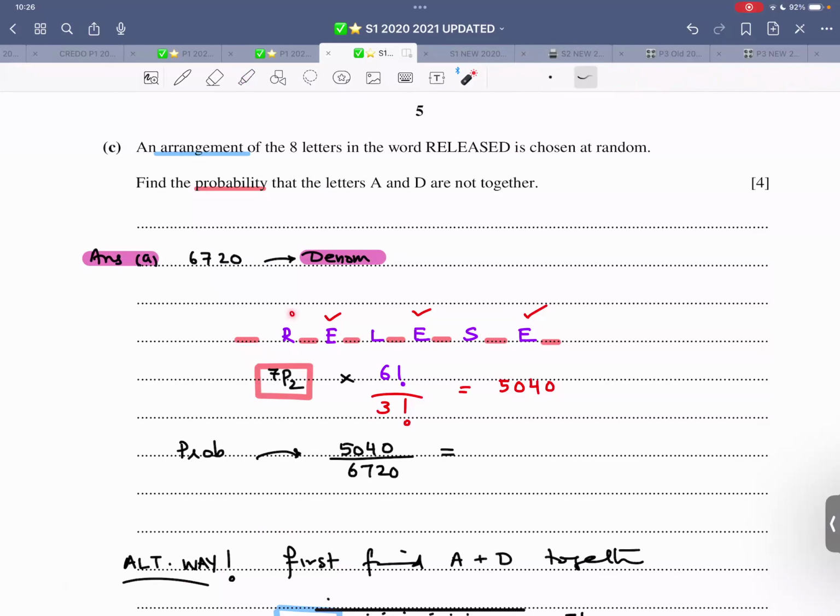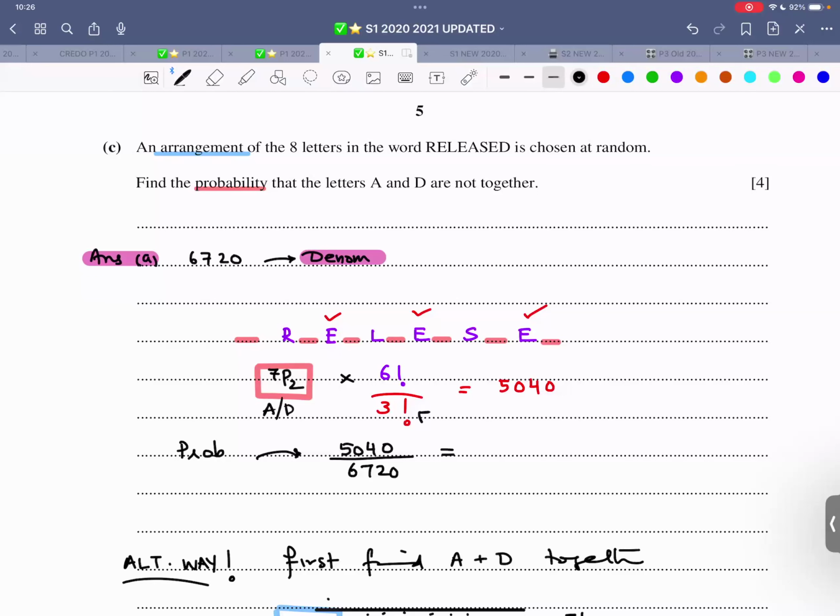So what do we have? We have R, E, L, E, S, E, and then we have 7 spaces. Out of 7 spaces, we can fit in A and D. So this is for A and D. What about these 6? 1, 2, 3, 4, 5, 6. They can be arranged in 6 factorial ways.